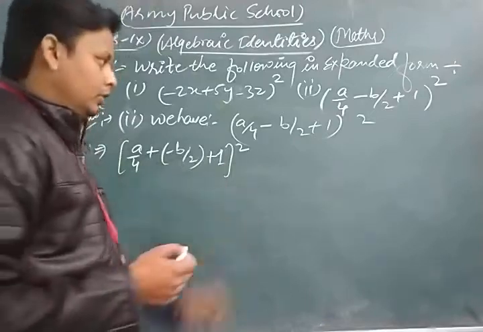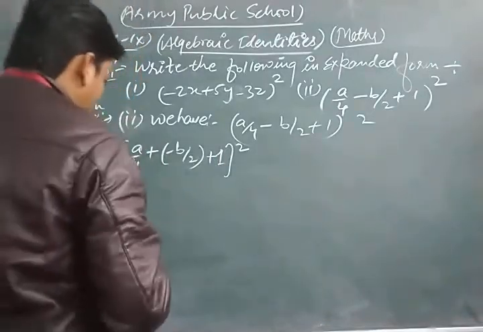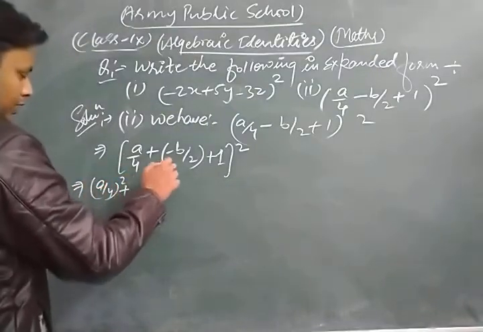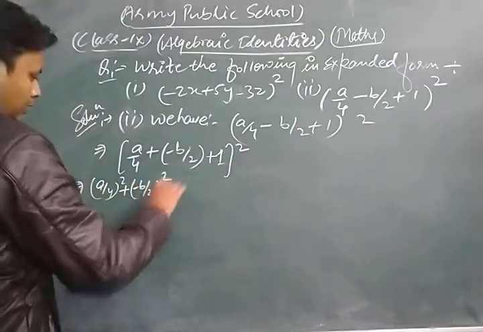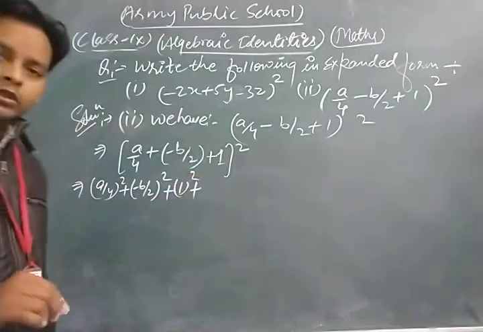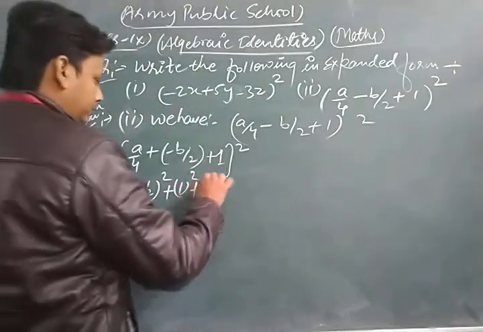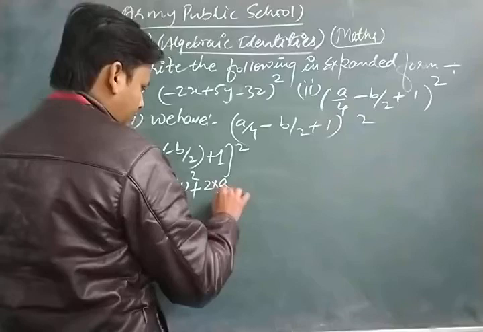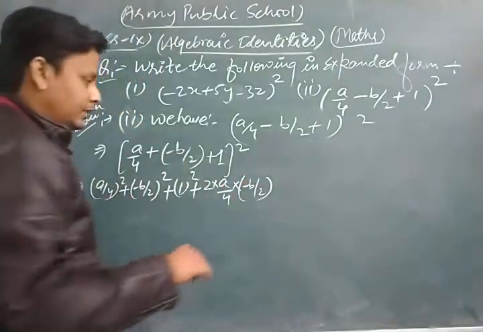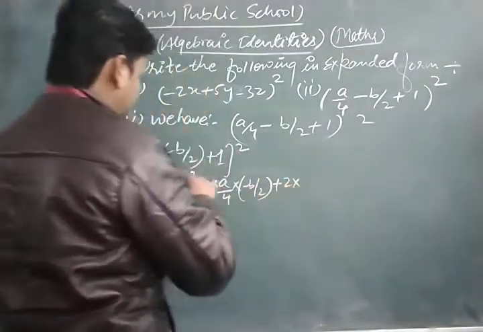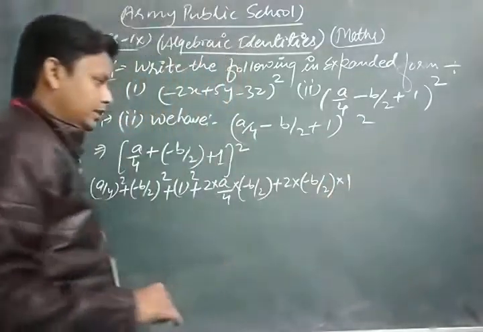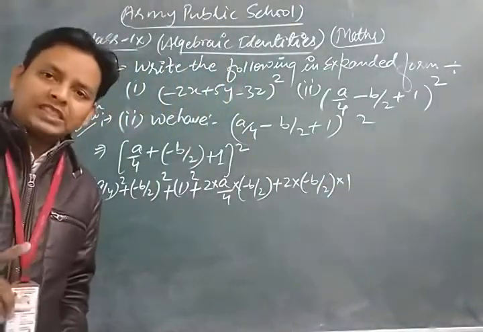So a square plus b square plus c square plus 2ab plus 2bc, plus 2ca.